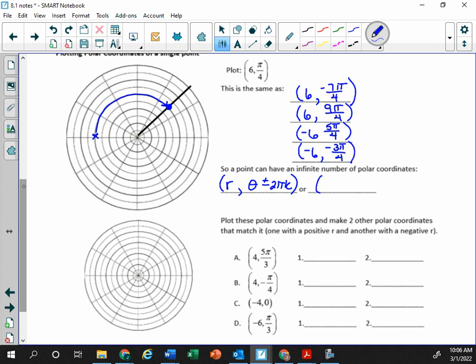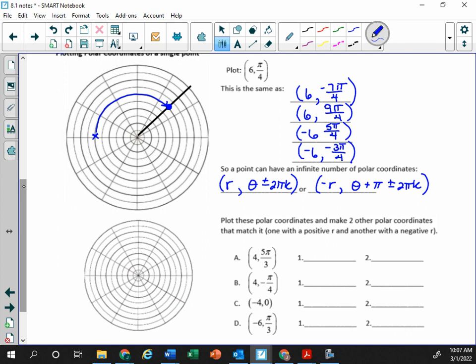Or if you start with negative r, then it's theta plus pi, plus or minus 2 pi k. Again, if you know your circle well, I think this is more confusing than just being like, oh, I know I traveled this far on my circle. But if you don't know your circle well, this might be an easier way for you to do it. I would recommend you just learn your circle.